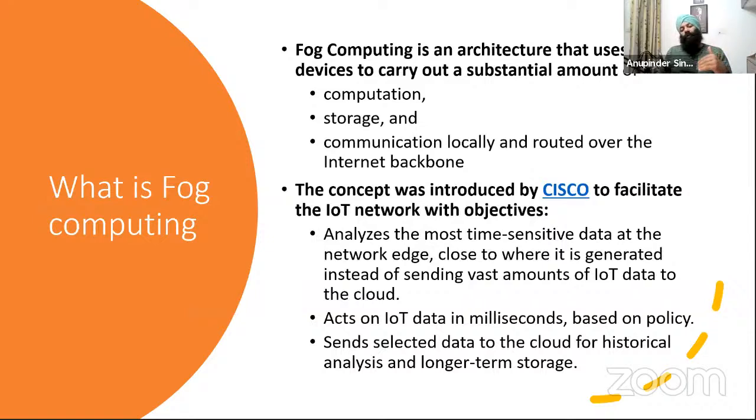The objective at that point of time was to analyze the most time-sensitive data at the network edge, close to where it is generated, instead of sending a vast amount of IoT data to the cloud. Now if I give you an example of time sensitivity, let's say we are managing a network within a particular hospital, right?